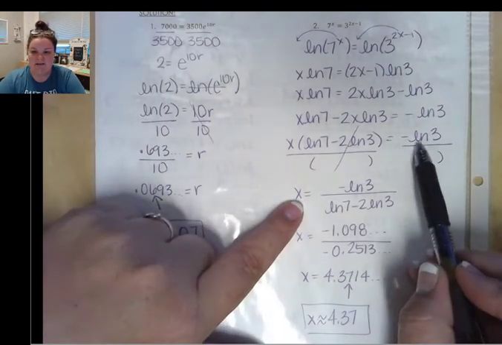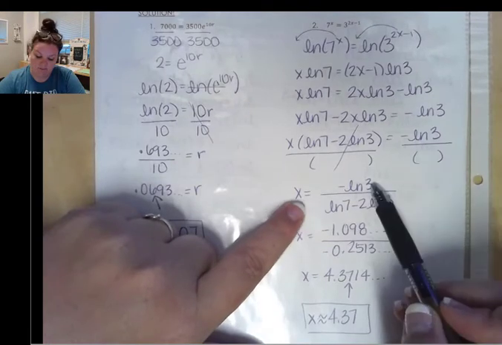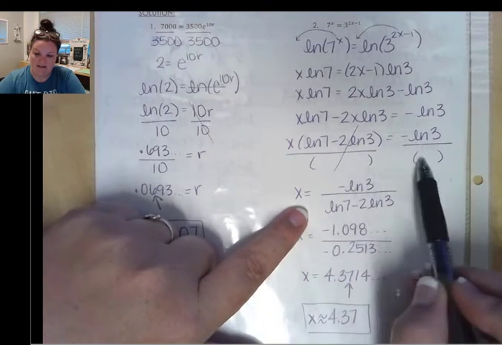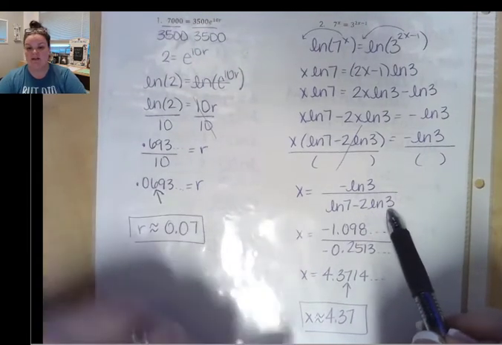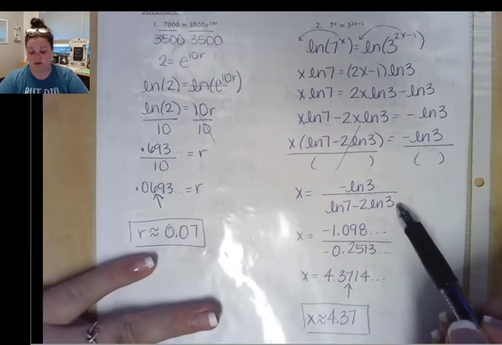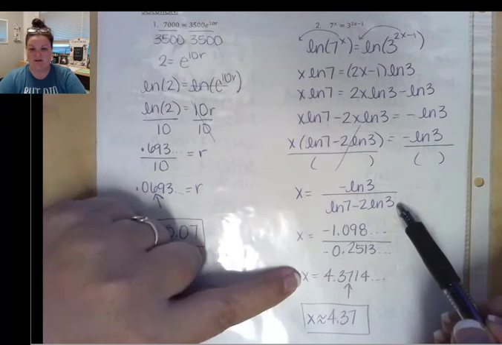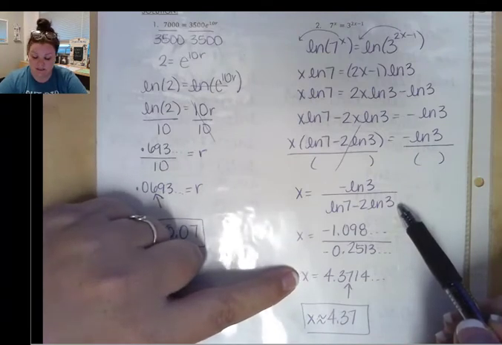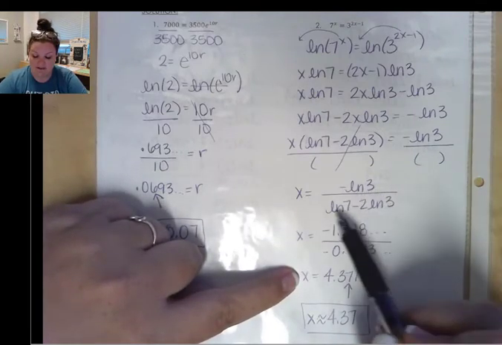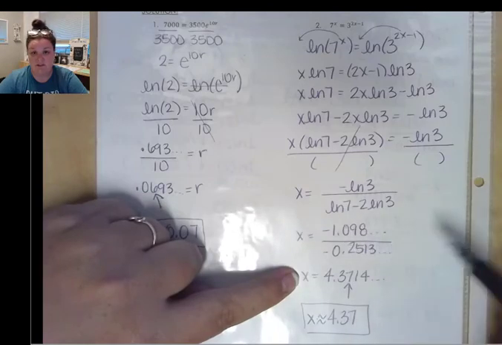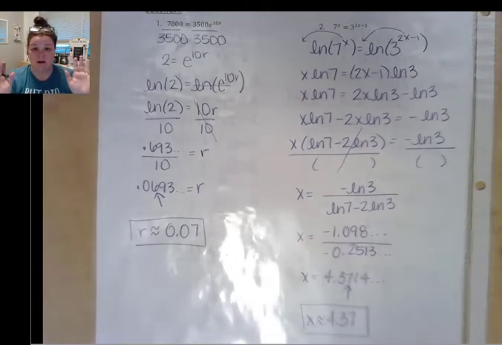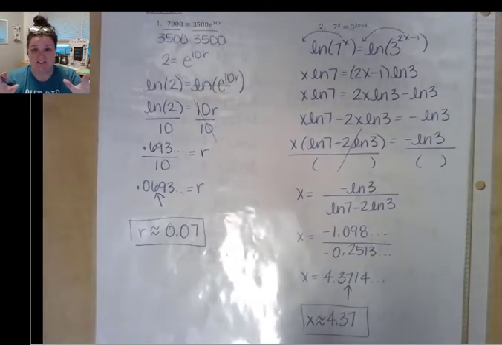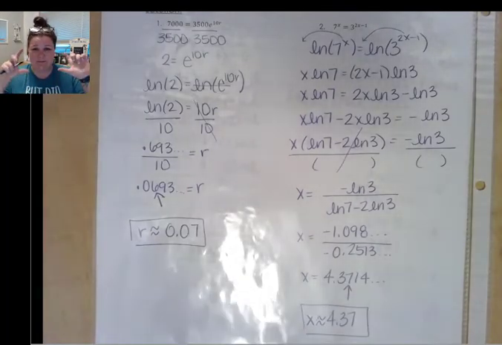So I have my negative ln 3 on top, and I have this quantity that I divided off, ln 7 minus 2 ln 3. Now, if your calculator's smart enough to do this all in one step, you can go straight to here. If you have a more basic calculator, you probably have to calculate the top, calculate the bottom, and then divide the two, okay?